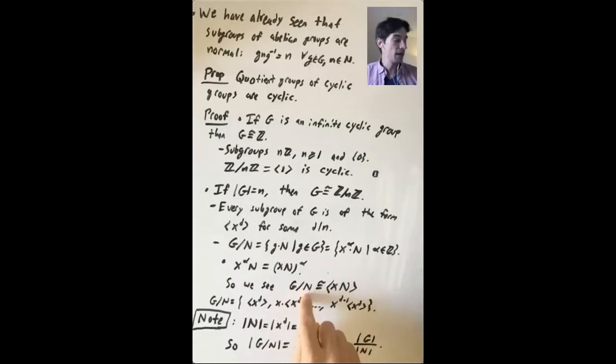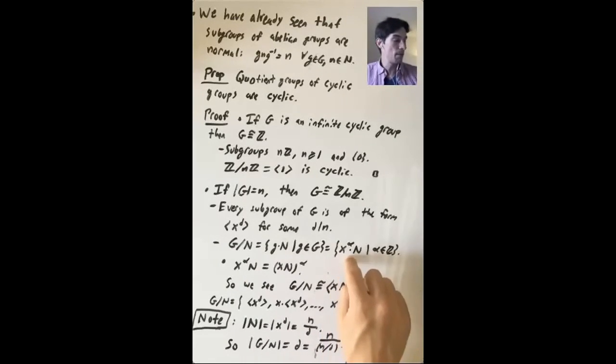G mod N is isomorphic to the cyclic group generated by the single coset x times N. So every other coset is some power of this one coset.